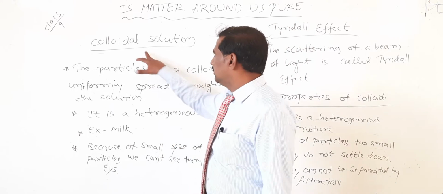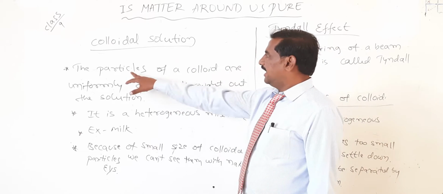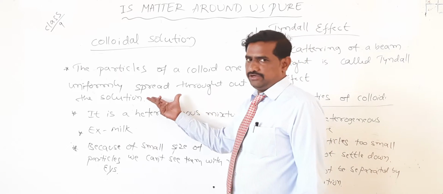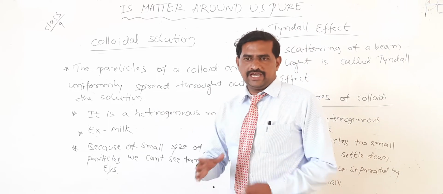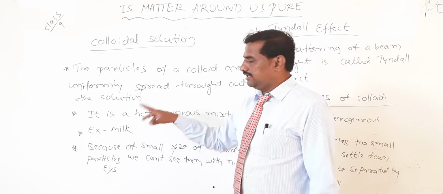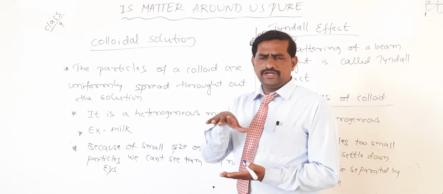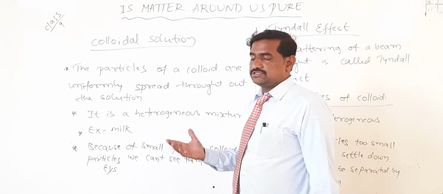So what is the colloidal solution here? The colloidal solution is a heterogeneous mixture, and the particles of the colloids are uniformly spread throughout the solution. Entirely in the solution they are spread uniformly, and they will not get suspended or collect at the bottom like the suspension.